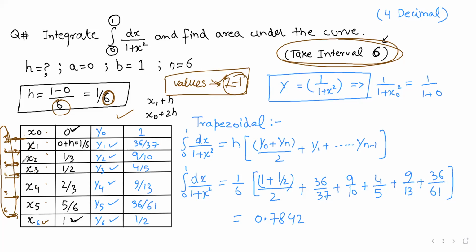If we have 6 intervals, it means we have 7 values, right? So we will always go with the interval. Interval means the difference between two values. That's why we start from x0 and the final value should be x6.